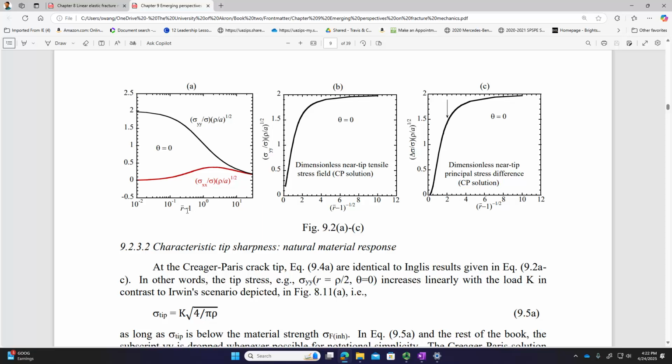For example, if you plot R normalized by 1/2 rho, minus 1, which means 0 is when you're reaching the tip, in log scale you'd have to plot infinite orders, so I just plot 2 orders, so it's -2. You can see that the stress starts to saturate at about a few tenths of the rho. Beyond that, they all have the same stress level.